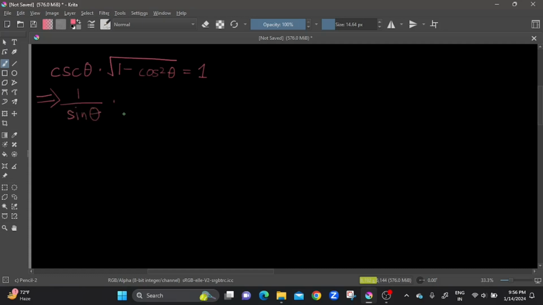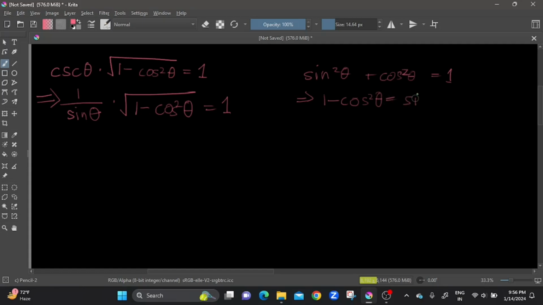And root of 1 minus cos square theta: we know from the identity that sine square theta plus cos square theta is equal to 1. So, by transposition, 1 minus cos square theta is equal to sine square theta.